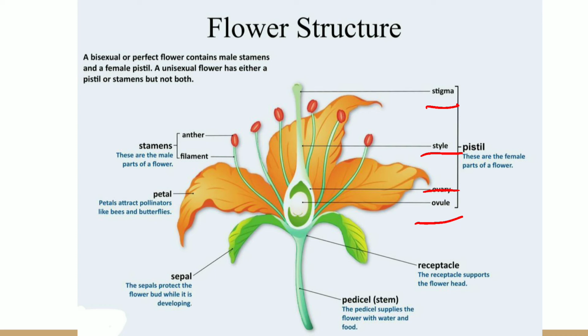So pistils are the female parts of a flower inside which the female gametes will be produced. This is the structure of a typical bisexual flower, which consists of essential whorls androecium and gynoecium, and accessory whorls calyx and corolla.